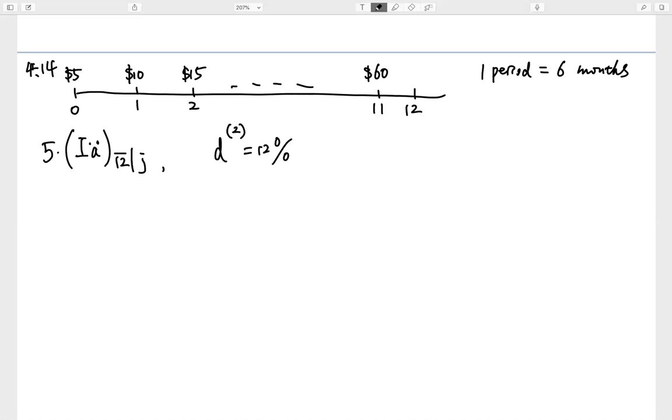So from there I have (1 minus d upper 2 divided by 2) raised to the power of -1. Then I get the accumulation for 6 months, that is exactly 1 plus j. So I should be able to get j.